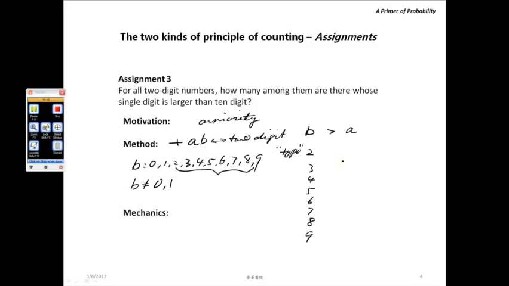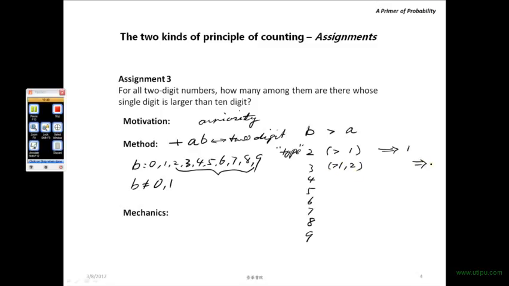For example, type 2 larger than 1 basically means there is one way. And 3 could be larger than 1 and 2.